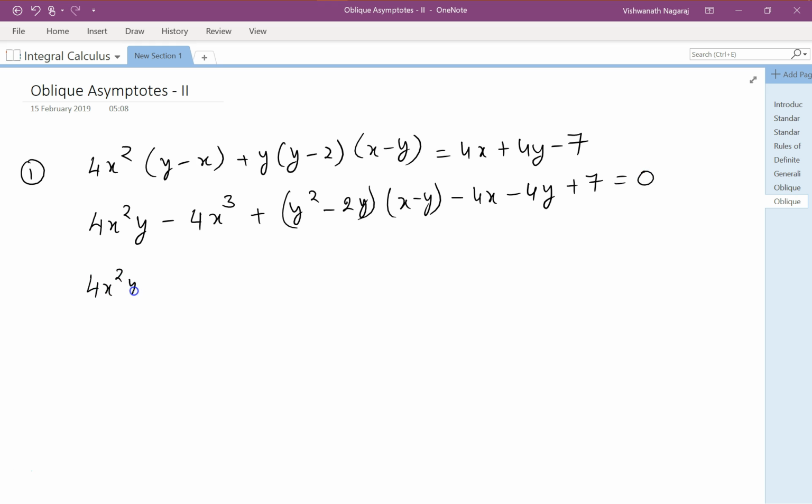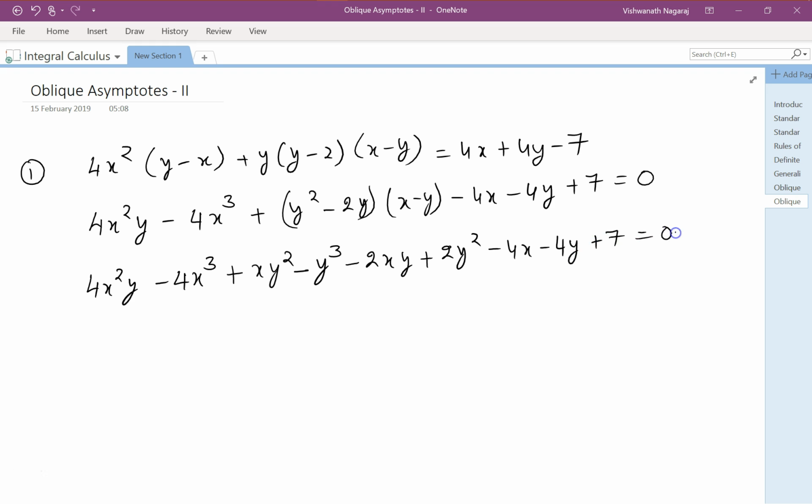Okay, 4x²y − 4x³ + xy² − y³ − 2xy + 2y² − 4x − 4y + 7 = 0.